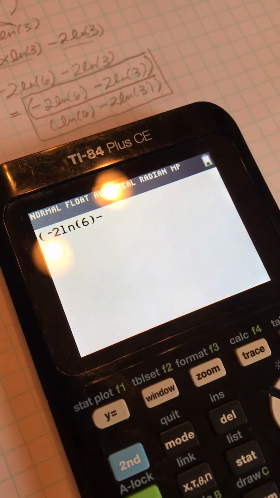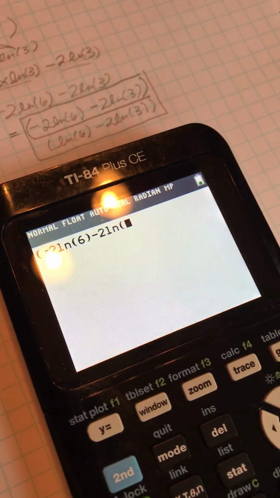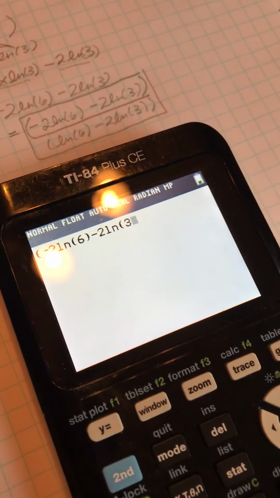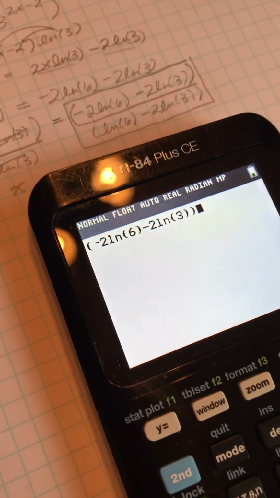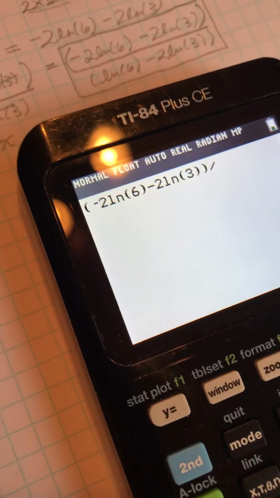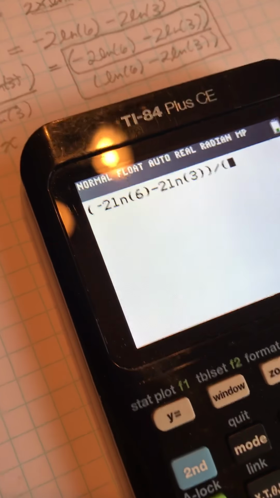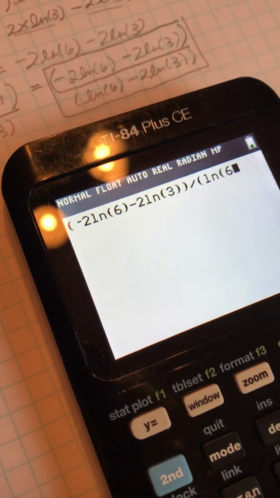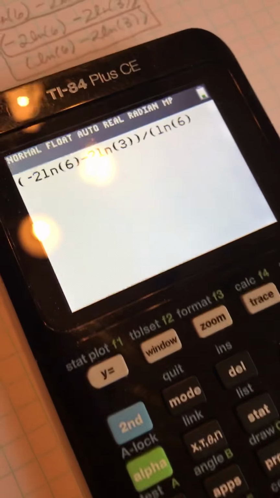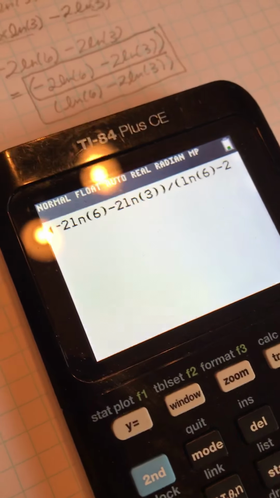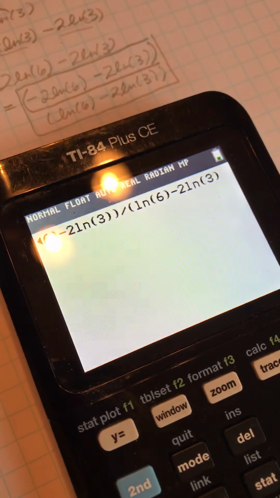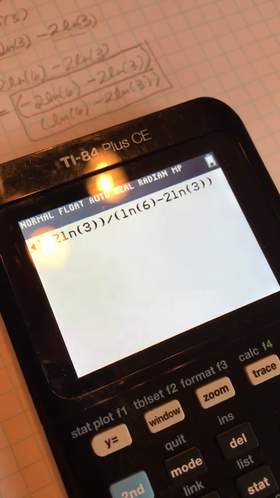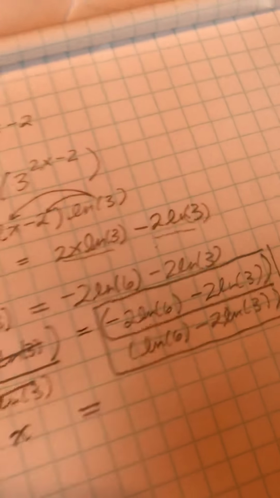Minus 2 ln of 3. Close parenthesis for the 3, close parenthesis for the numerator, and then divided by, open parenthesis, ln of 6. Close that one up, minus 2 ln of 3, and finally close the denominator, hit enter, and then round it to however many decimal places.